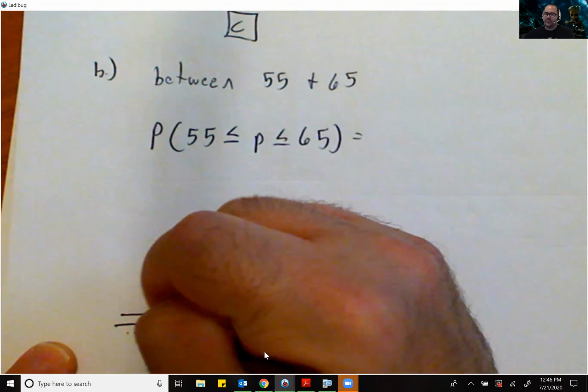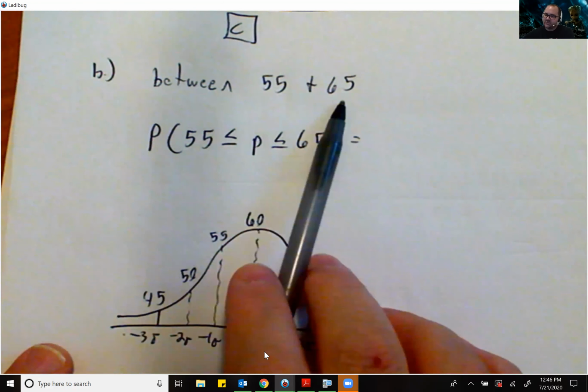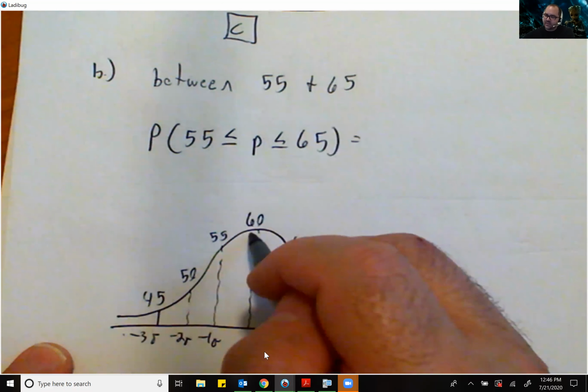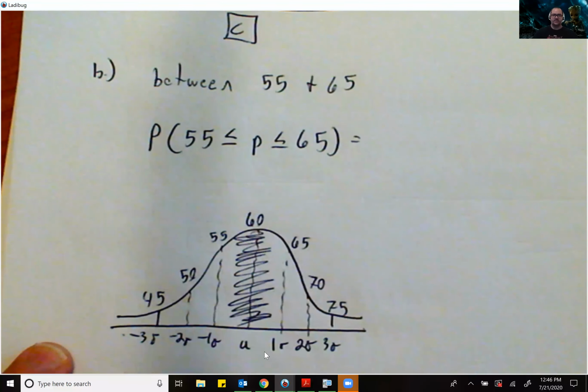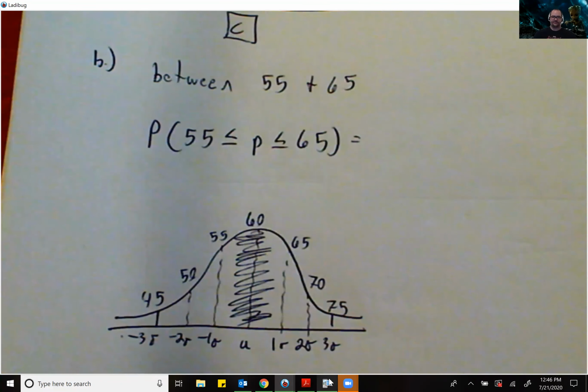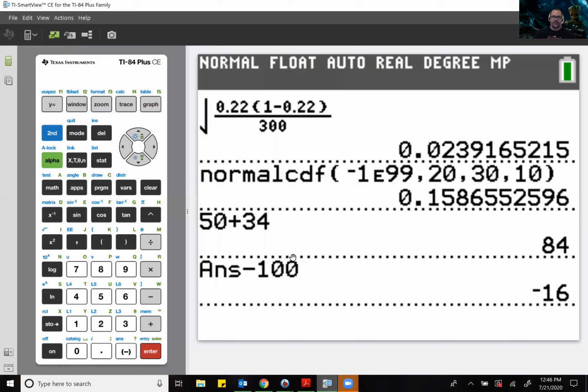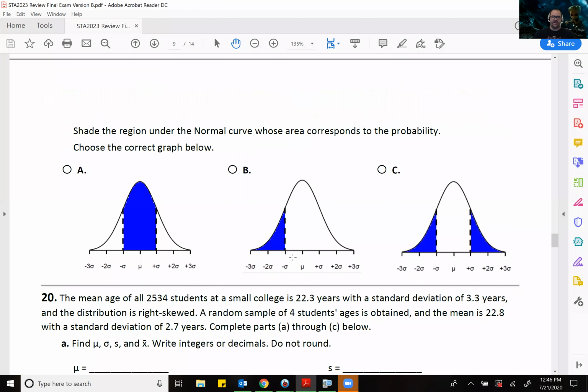It says we are between 55 and 65, so the shading occurs right in there. If we come up here and look at this, we know that our graph should be A. Notice I didn't put any numbers on this, but it actually is A.